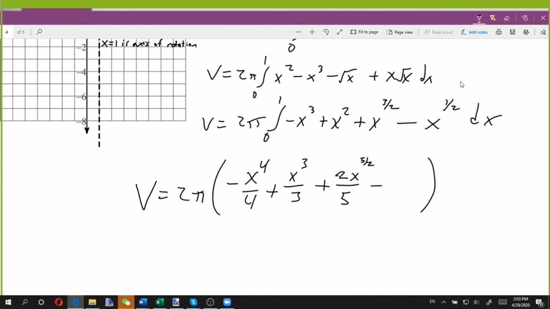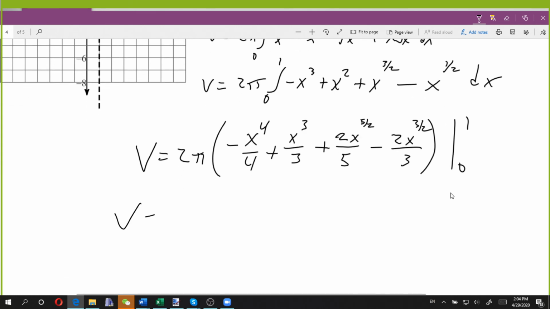Minus 2 over 3 x to the 3 over 2 power. Okay, awesome. That's really hard with the language differences, but you did great.